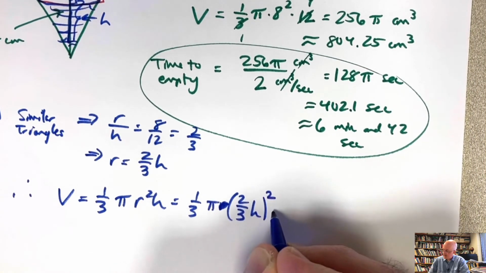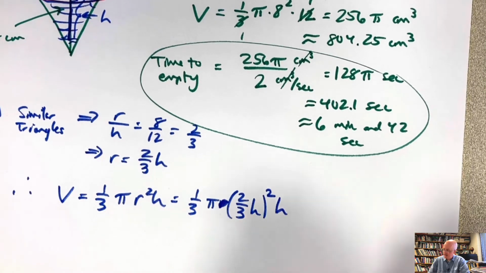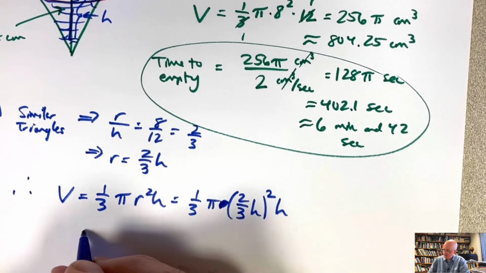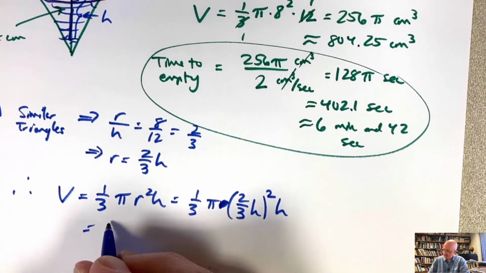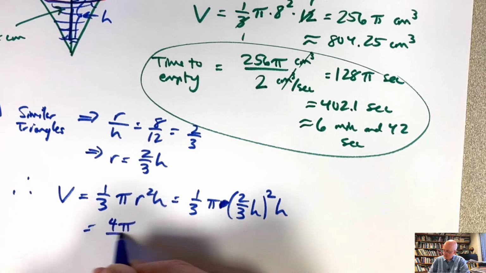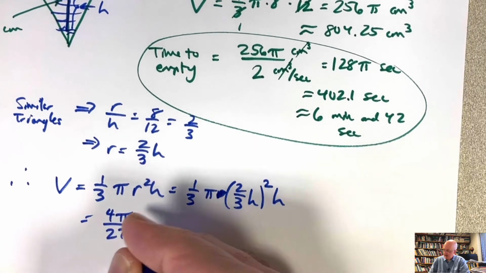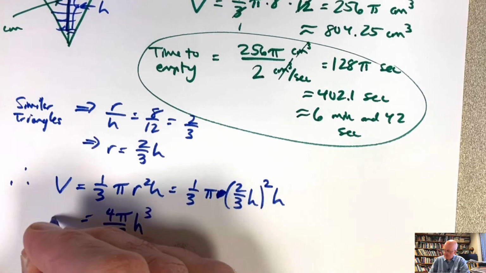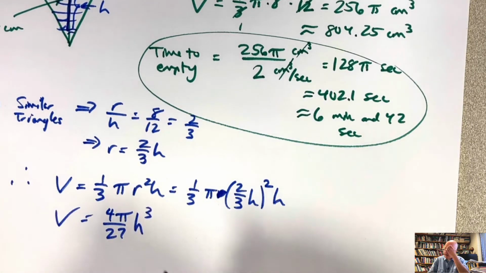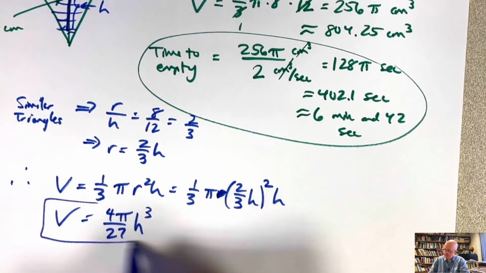That's got to be squared, then multiplied by h again. 2 squared is 4, 3 squared is 9, times another 3 is 27. Looks like we get 4 pi over 27 h cubed is the volume as a function of h. That is the answer to part B.